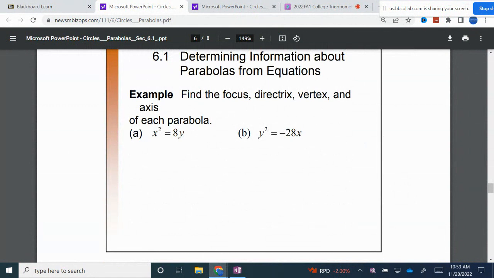All right, so here we're asked to find the focus, the directrix, and the vertex and the axis for x squared is equal to 8y.